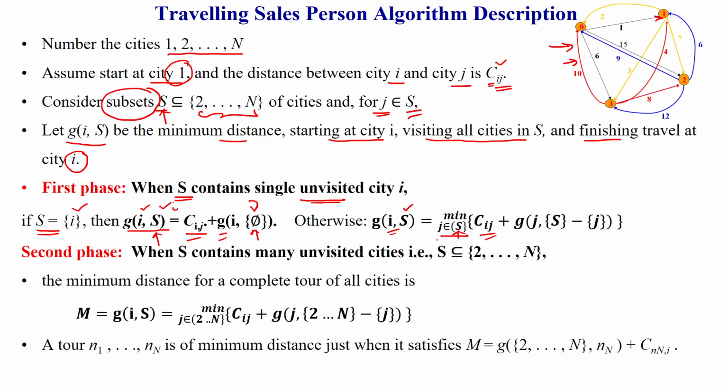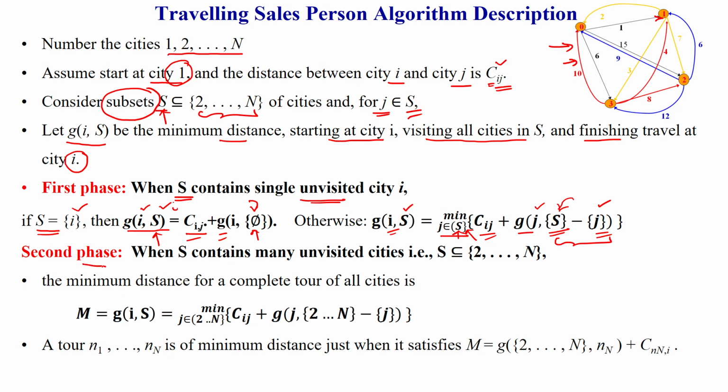Here i is the source city, j belongs to the unvisited cities, any one of the unvisited cities, plus g of j comma, the unvisited set minus the selected unvisited city. So here we subtract the selected unvisited city from the set of unvisited cities.